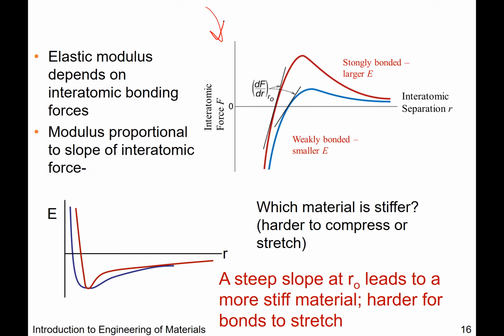And then when we take the second derivative right at the equilibrium interatomic distance, r naught, so it's dF/dr at r naught, we see that we have two different slopes. The magnitude of these slopes will tell us the strength of these bonds, right? So the red one will be stiffer versus the blue curve. Okay.